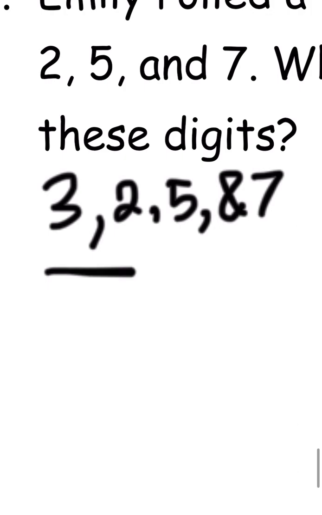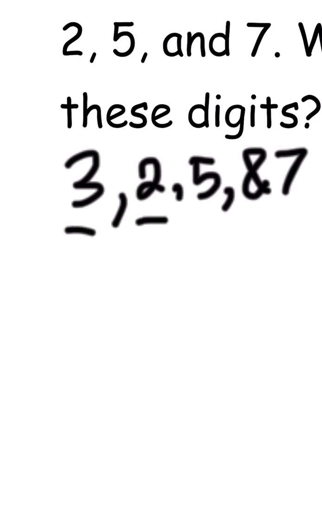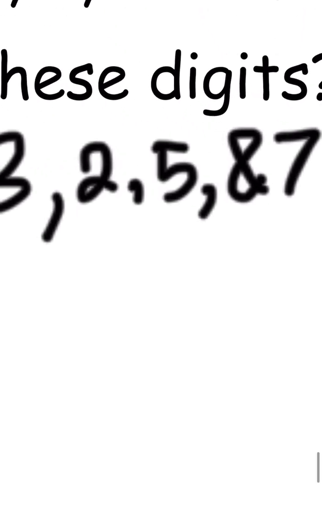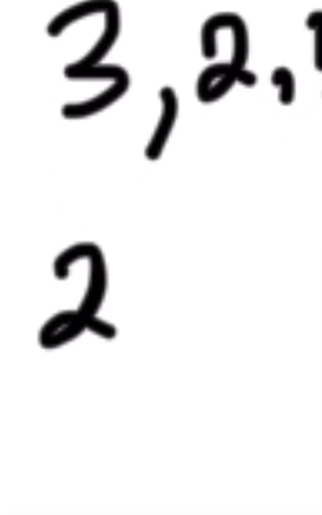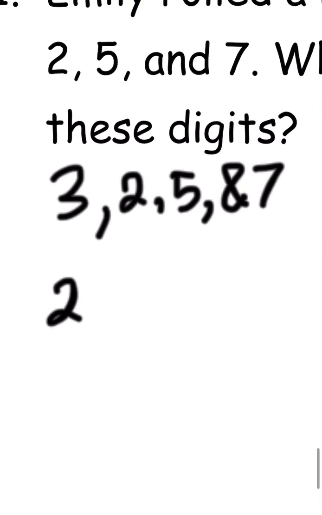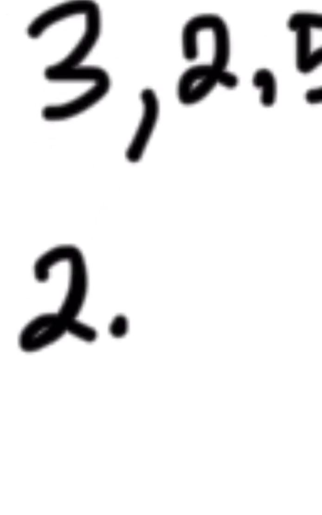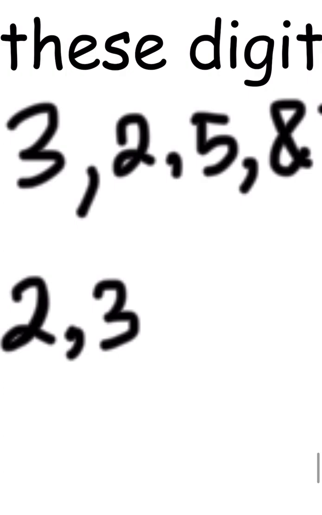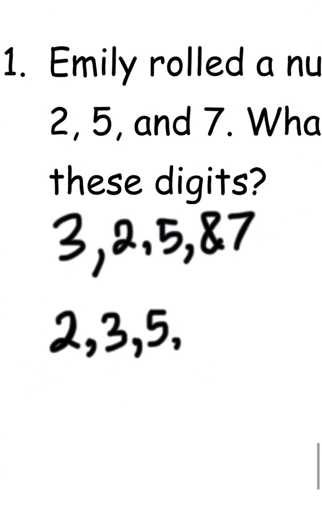And from these numbers, we need to find the least number. So 3 is greater than 2, and 2 is less than 5, and 2 is also less than 7. So 2 is the least number. And then 3 is less than 5, and it's also less than 7, so 3 is the next least number. And 5 is less than 7, so then 5 is the next least number.